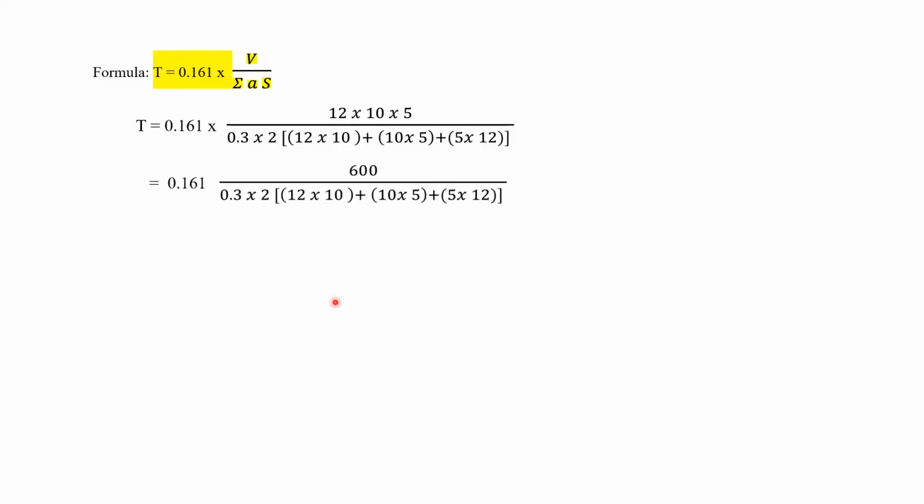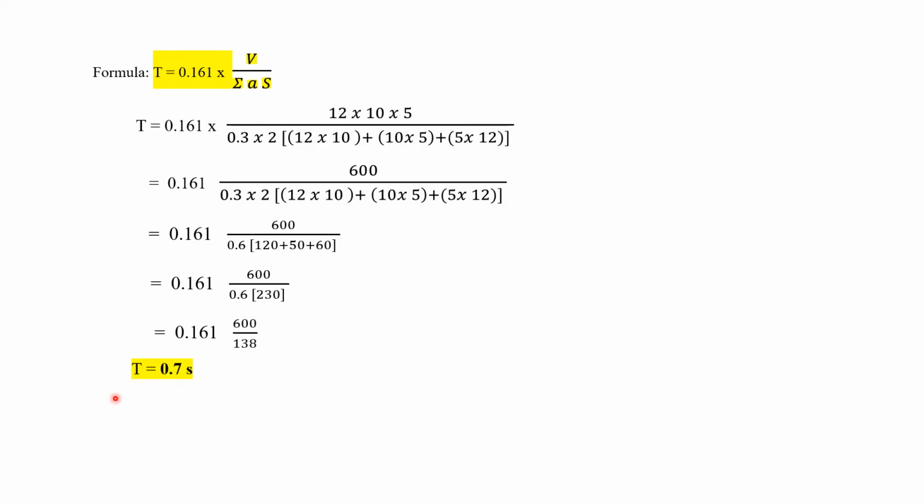So do the calculations and you will get volume is nothing but 600 for the numerator. If we do the calculations, then we are going to get the value for reverberation time as 0.7 seconds. So for the given room, the reverberation time is 0.7 seconds.